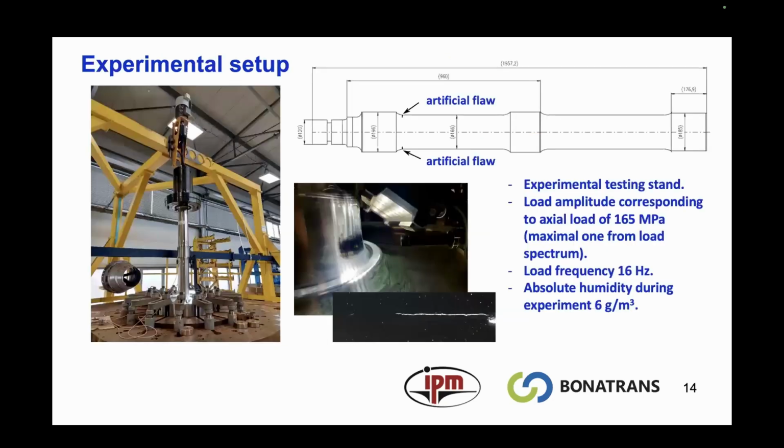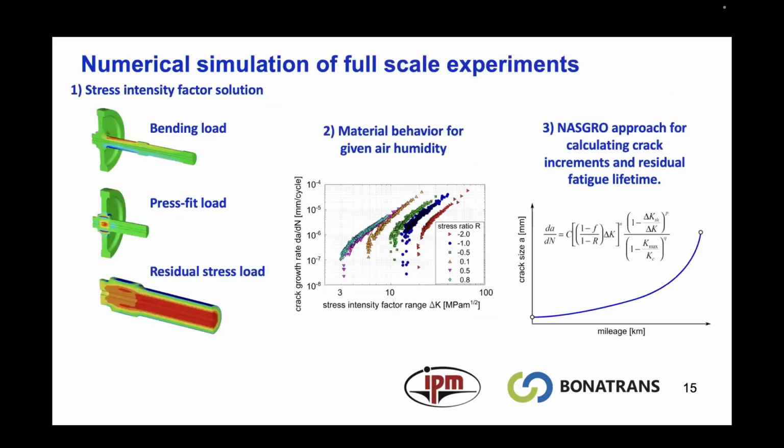Here you can see the real geometry of the axle and the experimental stand, loaded by rotating bending at an amplitude of 165 megapascals, during winter conditions with lower air humidity.